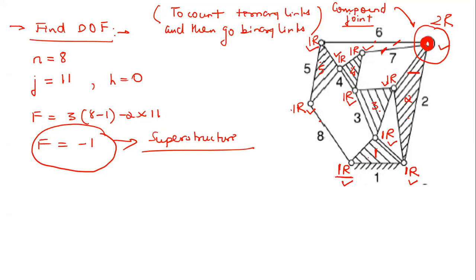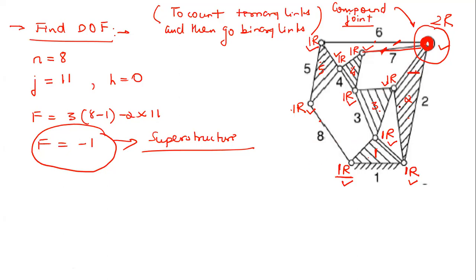Sir, here four links are not connected. You mentioned that there are three links, but I think four are connected. Link 6, 7 and link 2, three links are connected. But sir, there is also one link where 1R is connected to this ternary link.